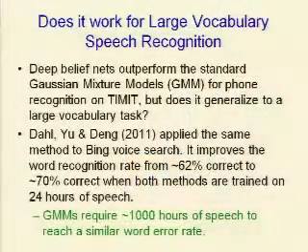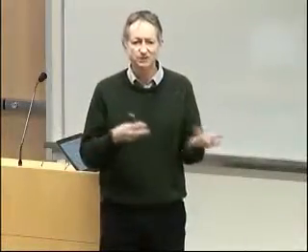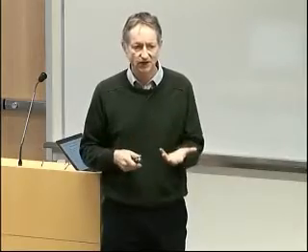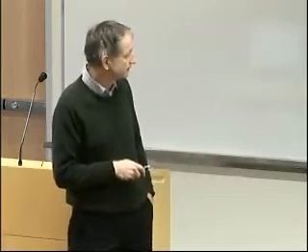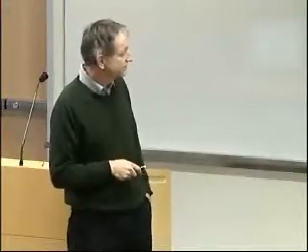The first thing is, people say that things that work on TIMIT don't work on big vocabulary. Does this work on big vocabulary? So George came here, working with the Microsoft people on Bing voice search. He tried on big vocabulary. And if you train on 24 hours of speech, they get 62% correct using a Gaussian mixture model, and the DeepNet gets 70% correct.